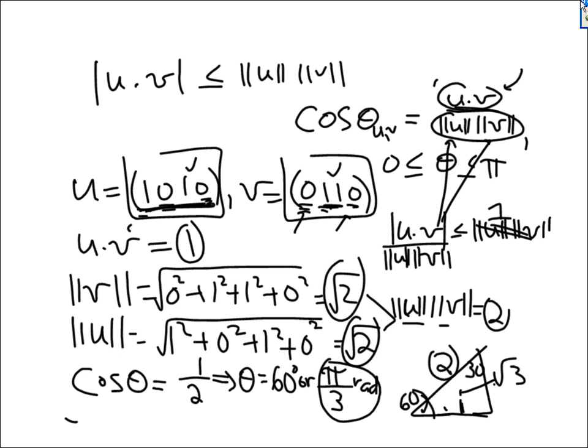That is, the absolute value of this is less than 1. That means it's between negative 1 and 1, just like cosine is. You'll always get an answer. Which is pretty nice. It's always good to get an answer.